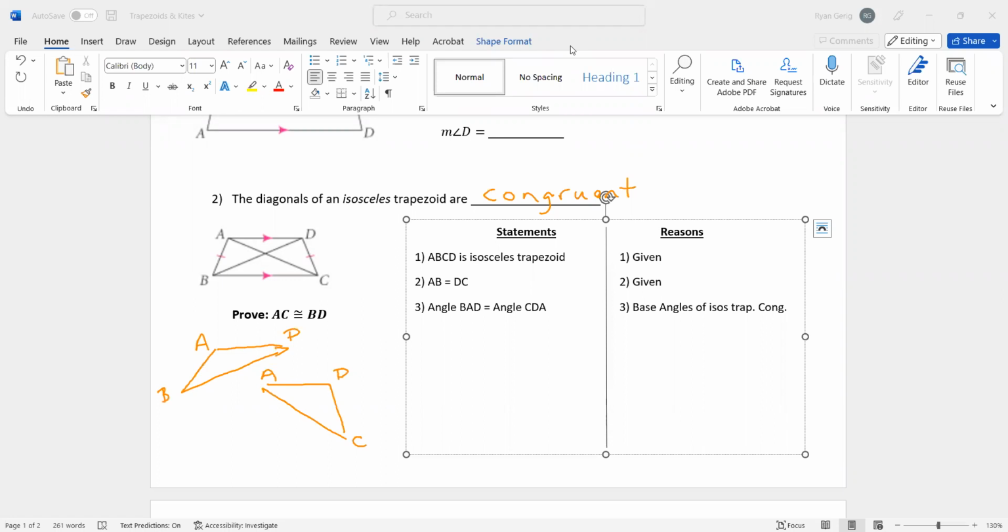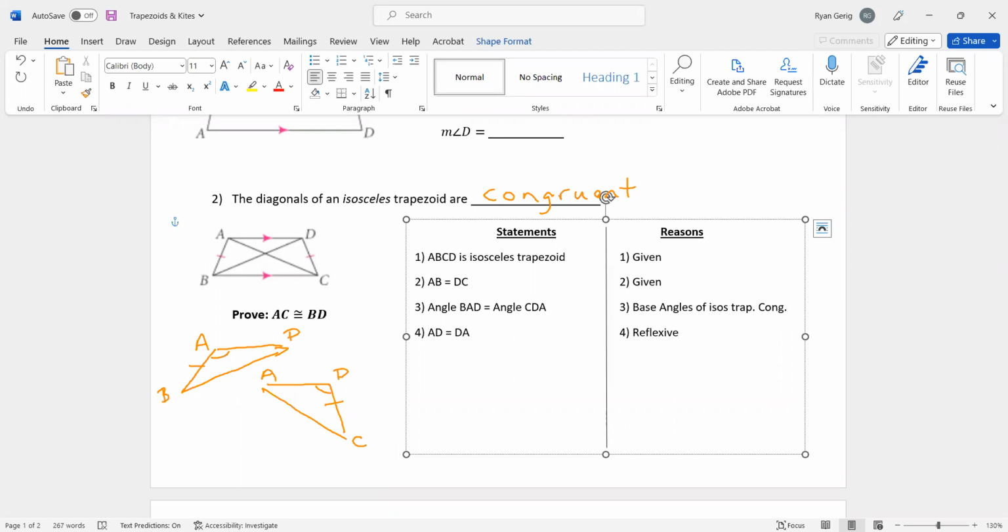All right, so what I've just shown is AB is congruent to DC. Angle BAD is congruent to angle CDA because the base angles of an isosceles trapezoid are congruent. I need one more thing to prove that these two triangles are congruent, and that would be AD is congruent to DA. That's the reflexive property.